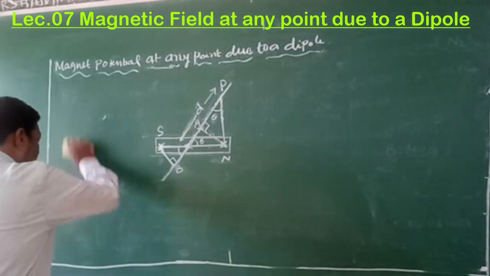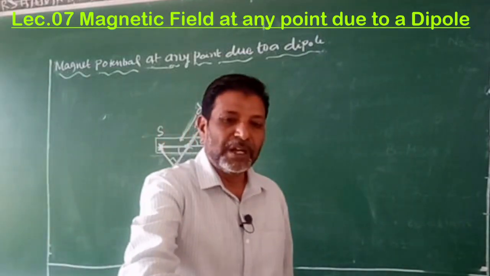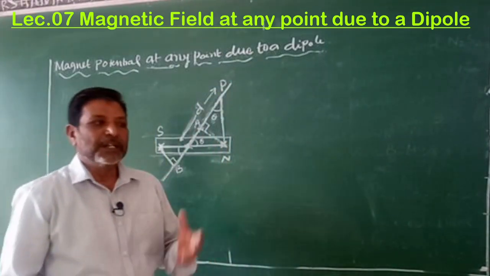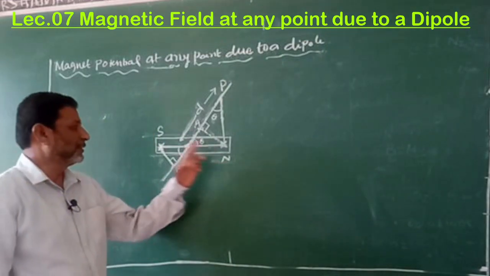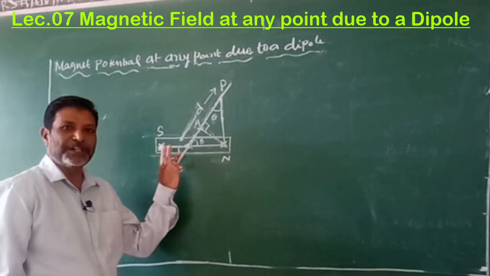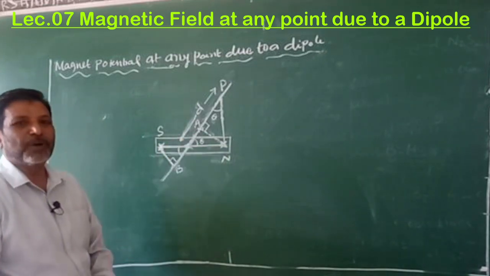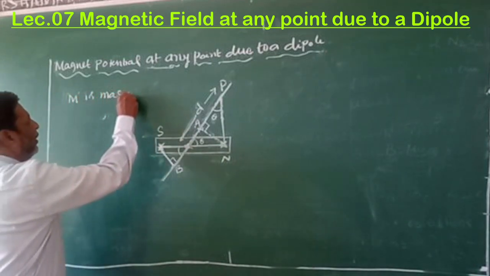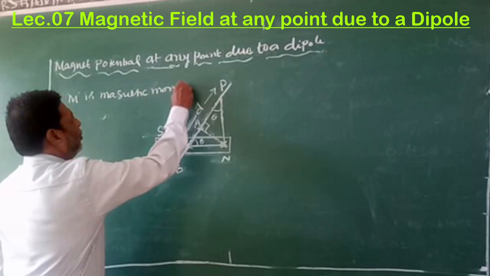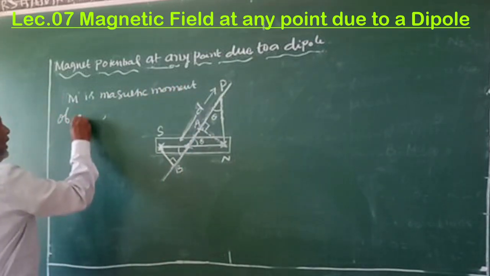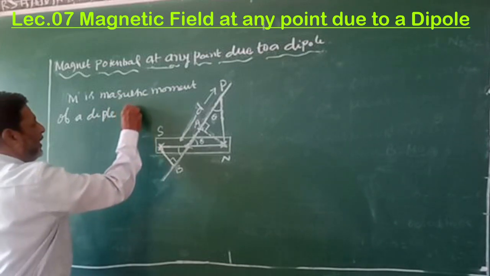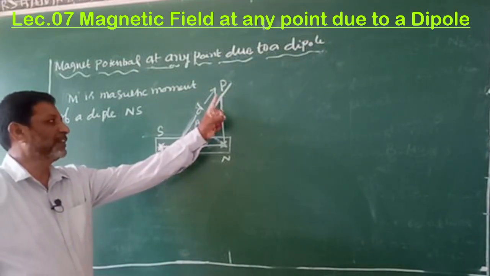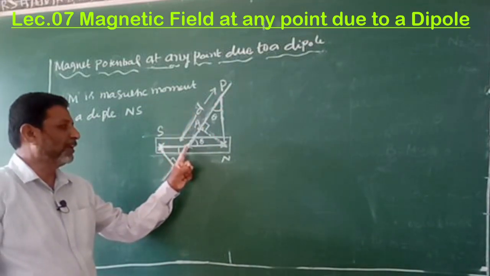Now let us see what that general formula is and how to derive it. First, let us consider a bar magnet which acts like a dipole of magnetic moment m, with poles N and S. P is the point which is at a distance of d from the center of the magnet.